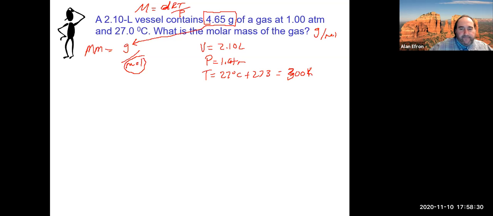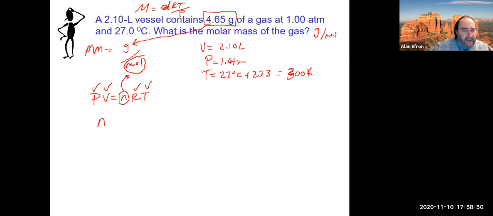And that is everything that we have. So if we have PV equals nRT, we have a pressure, we have a volume, we have a temperature, we always have R. And look there, we only need to solve for n, which is moles, and that obviously would be the bottom part that we need here.